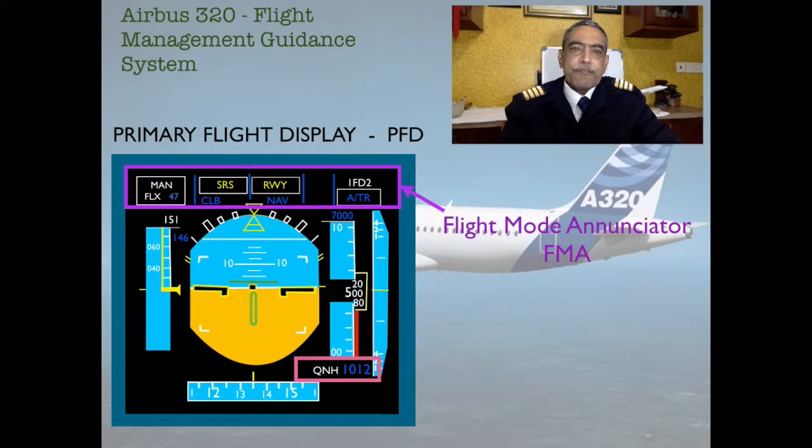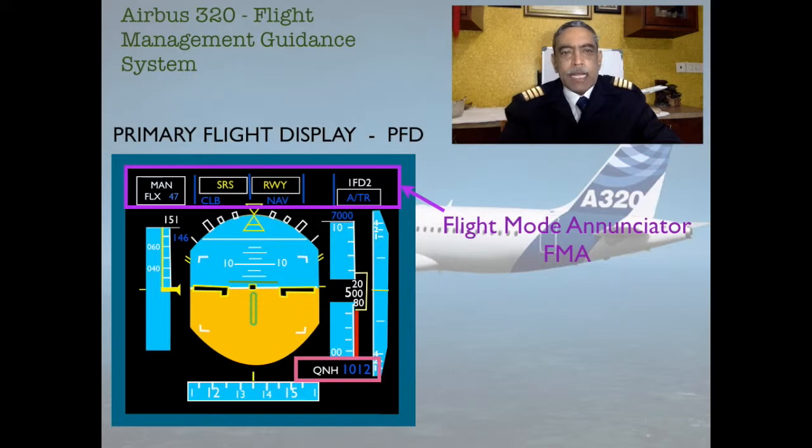Now, this flight mode annunciator is the most important, as I told you, and we will keep talking about it throughout our lessons. The information is displayed in 2 and sometimes 3 lines, and some of them are combined, which we shall see as and when the requirement comes in that particular lesson.